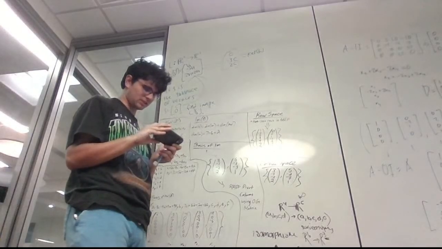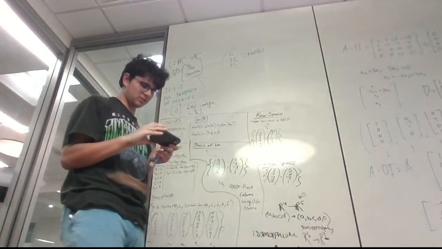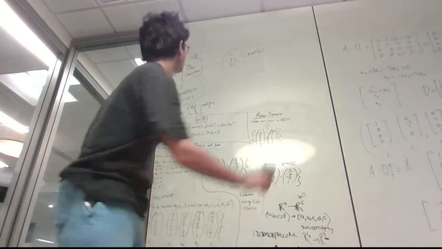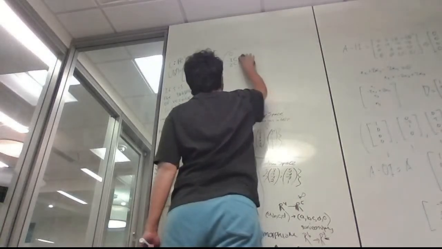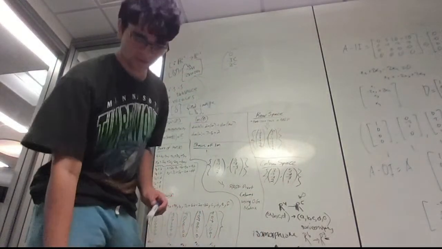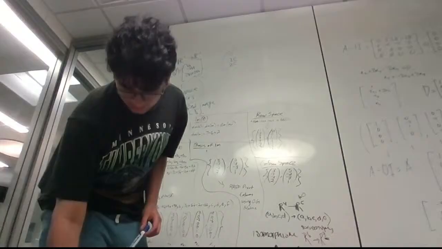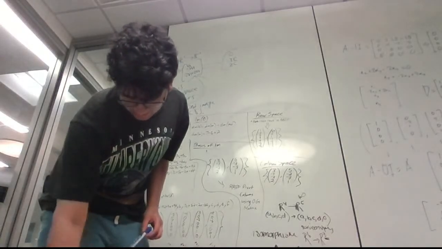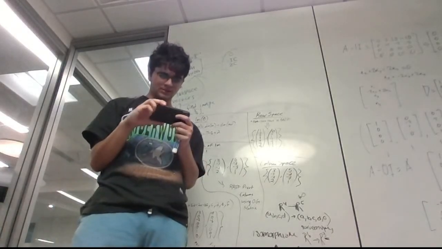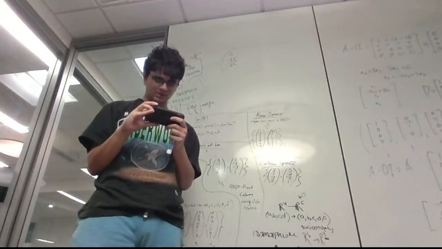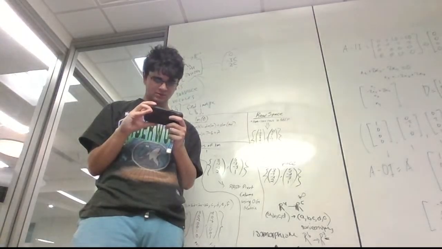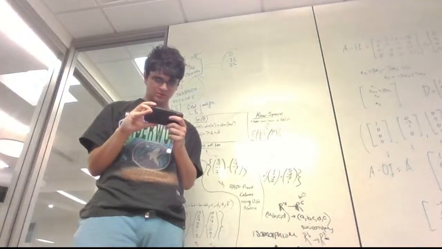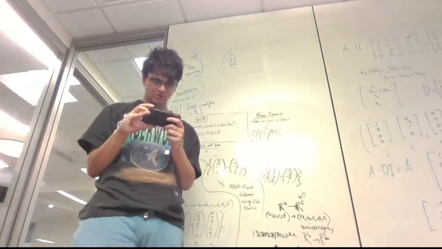Wait, no. What am I doing? Find the kernel. Actually, wait, how do I find the image first? Am I stupid? Do I need to find the image? I think I need to find the image first. Oh wait, no, I need to find the kernel first.